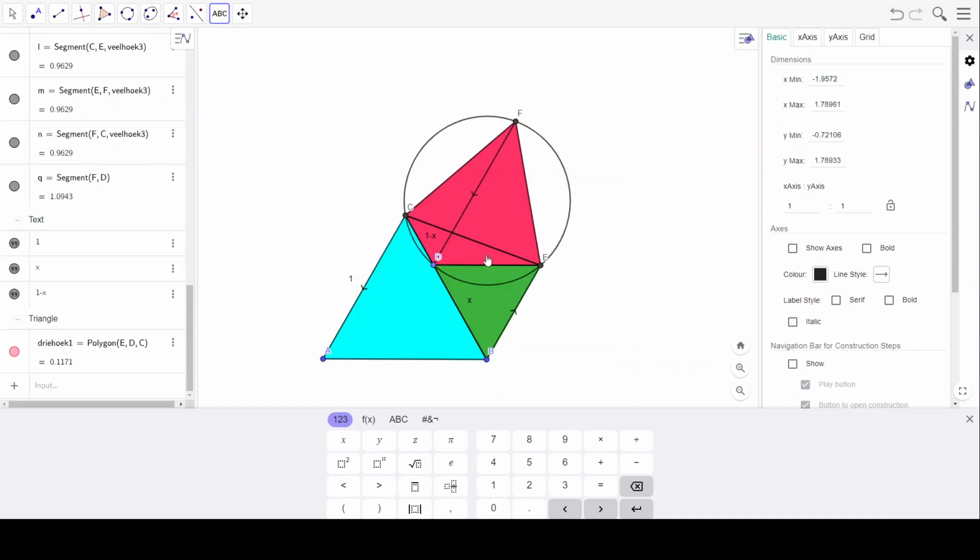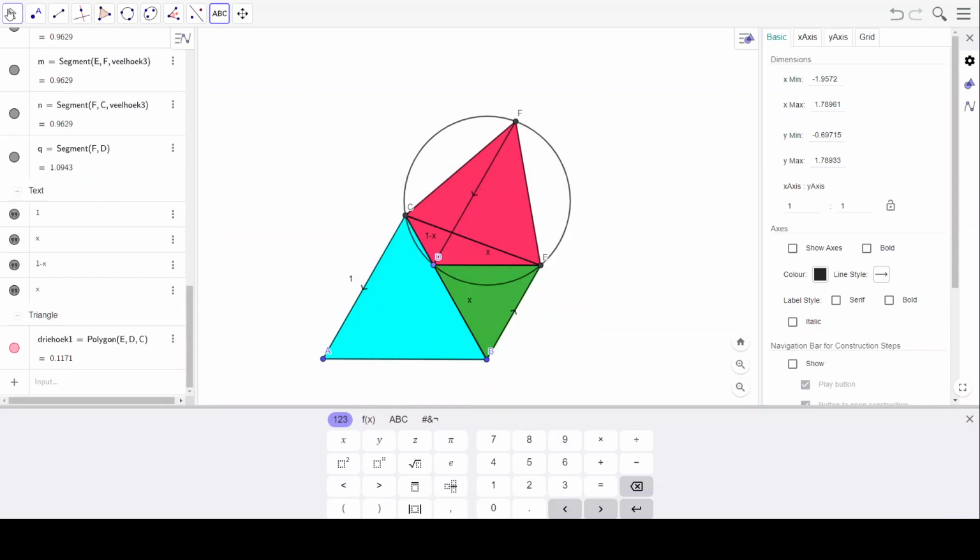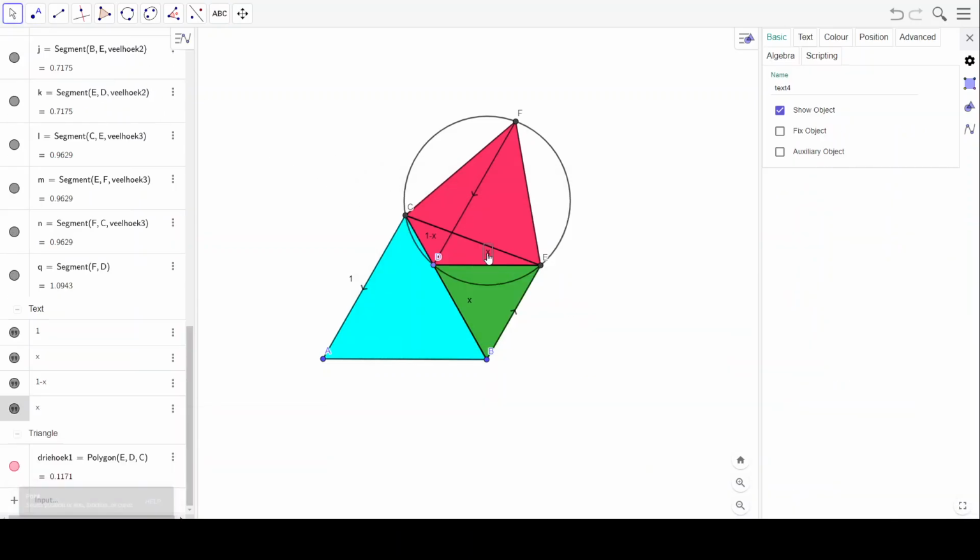And we have another x over here. And well, let's name this one y.